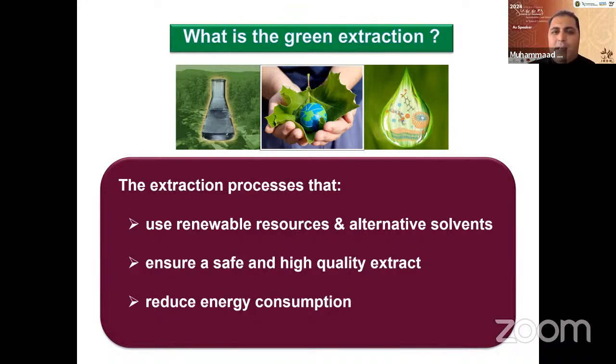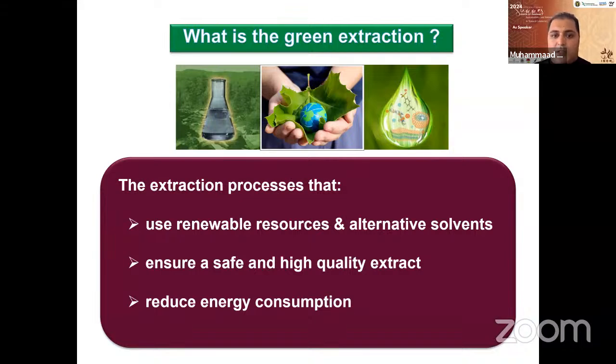But recently, the trends have changed because we are concerned with the environment, with biodiversity, and with environmental safety. So the revolution in the world is regarding green concepts. Regarding other processes, also the extraction of plants or other material, there is a concept of green extraction.